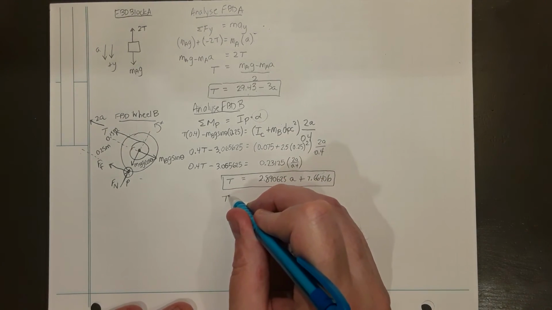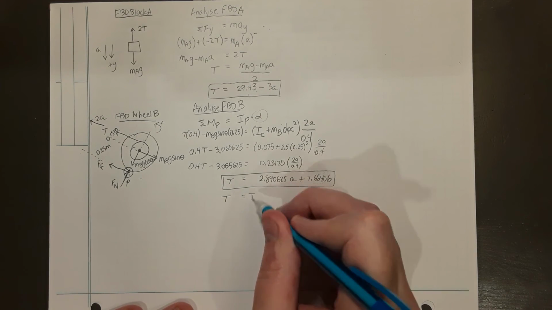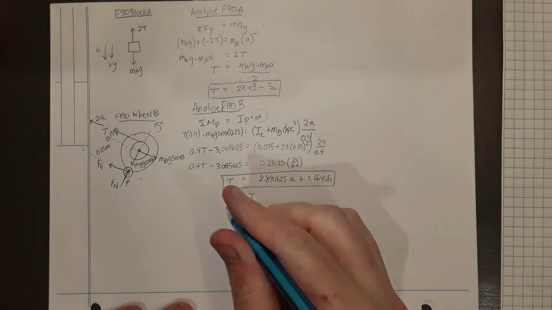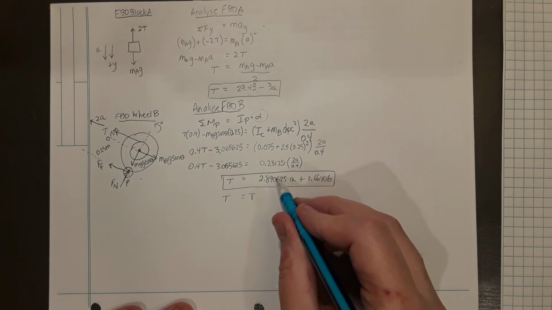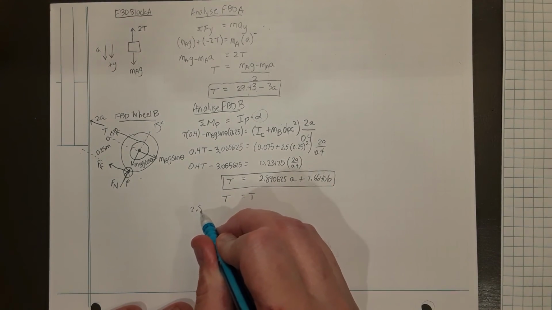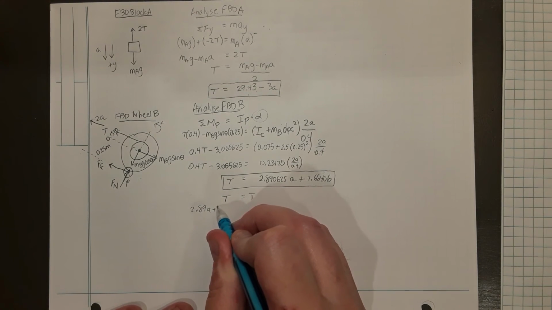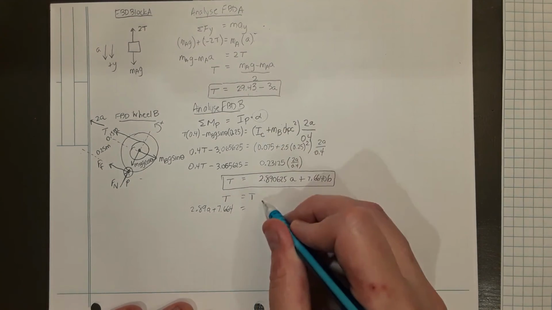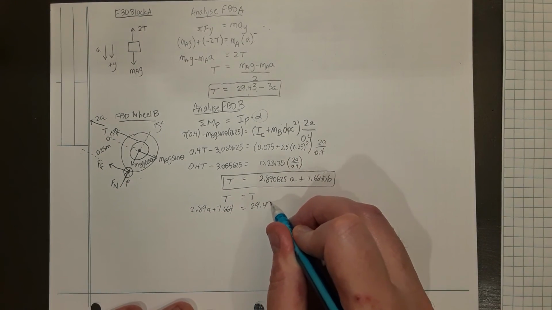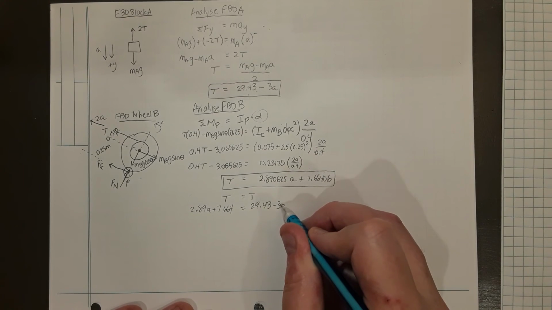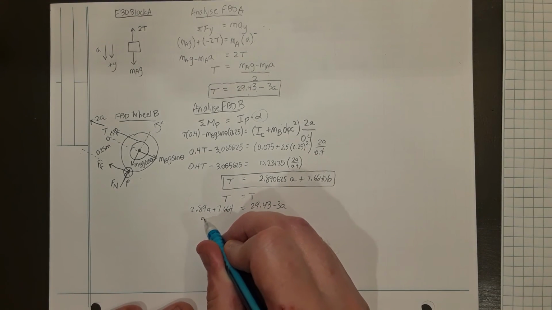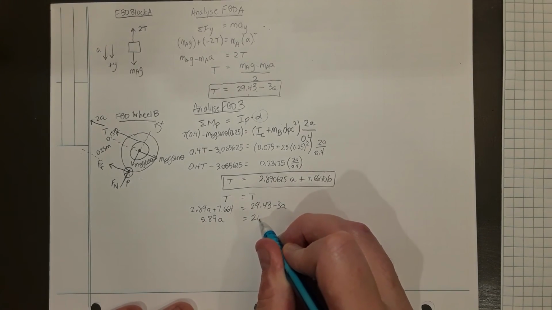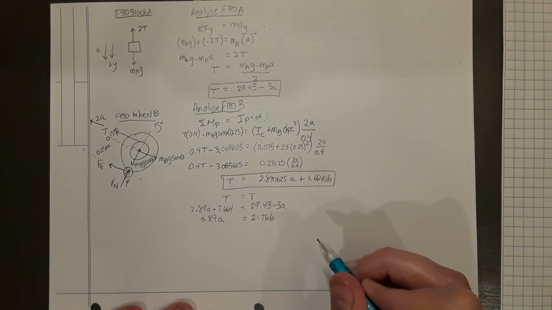Using the system of equations methodology, if we set these two tensions to be equal, then we have the result from the wheel, 2.89a plus 7.664, equal to the result from the block, 29.43 minus 3a. Collect the a's together, and I get 5.89a is 21.766.